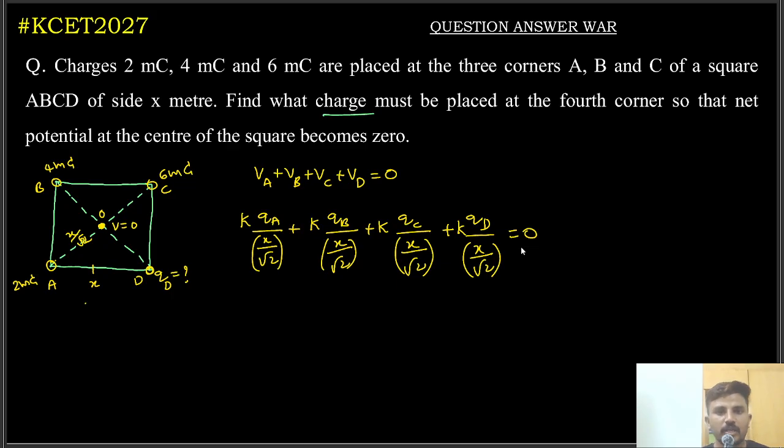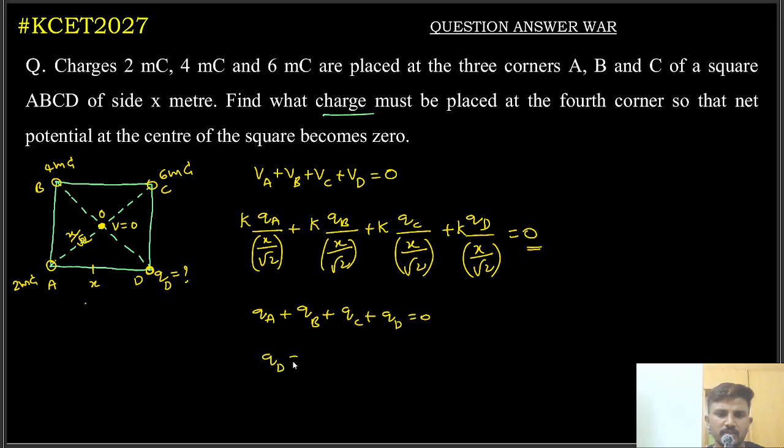Clear? Now K divided by x into root 2 will go to the right side. You can take it common and multiply it to the right hand side. Since the right hand side is 0, it will become 0. Then we'll have QA plus QB plus QC plus QD equal to 0.